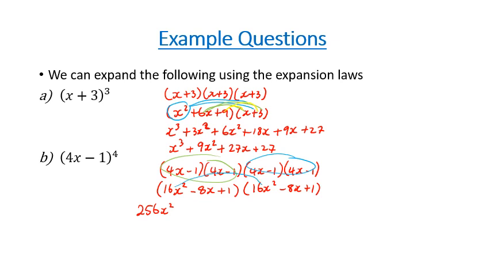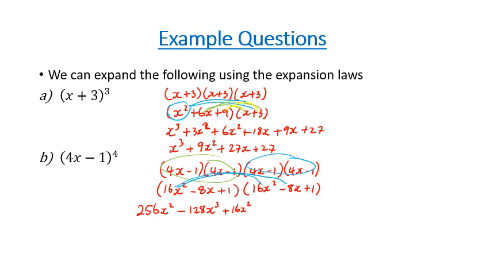Then I've got 16 times negative 8x, so that becomes negative, I'll use a different colour, negative 128x cubed, so that was that one there. And then I've got 16x squared times 1, which is just 16x squared.